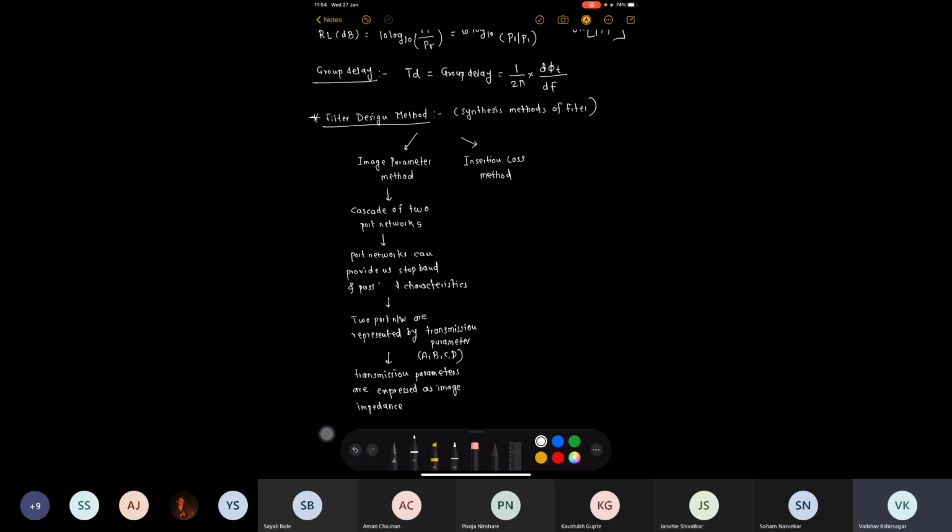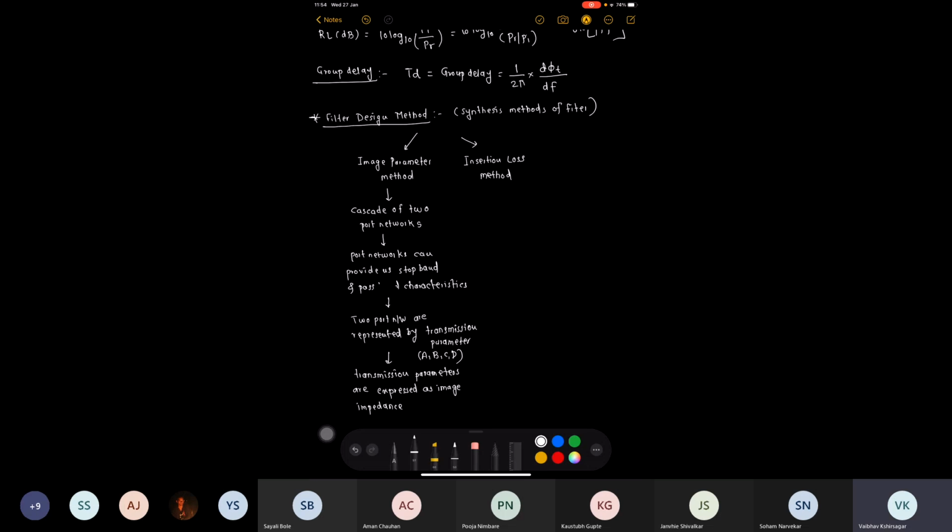See here, two-port networks are utilized. These two-port networks are selected based on the desired cutoff frequency and the attenuation characteristic, which will provide a particular frequency response over the complete range of operation. Therefore, the procedure of filter design using image parameters is relatively simple and straightforward.